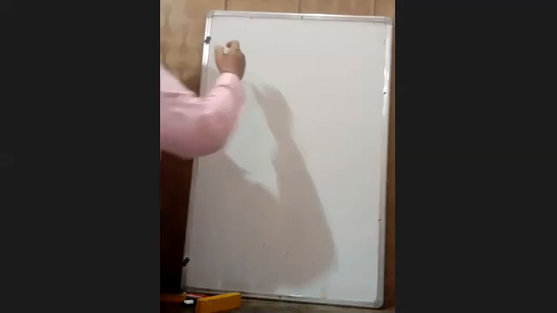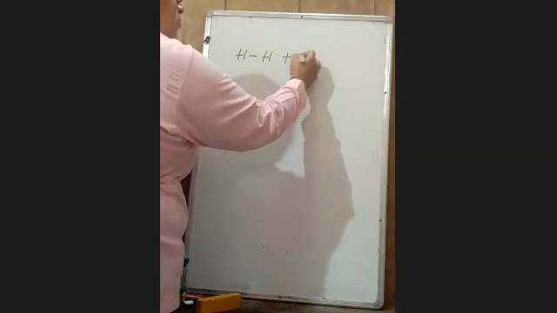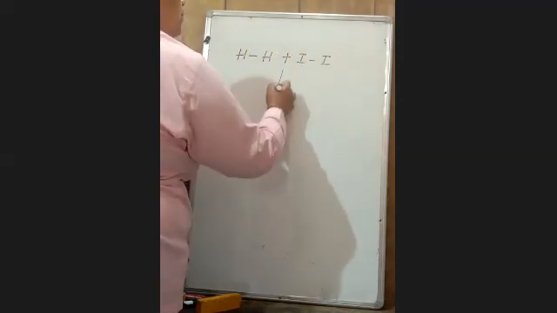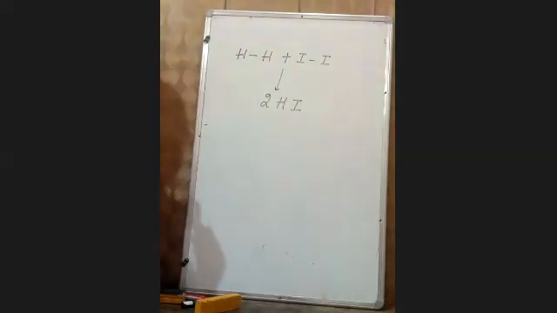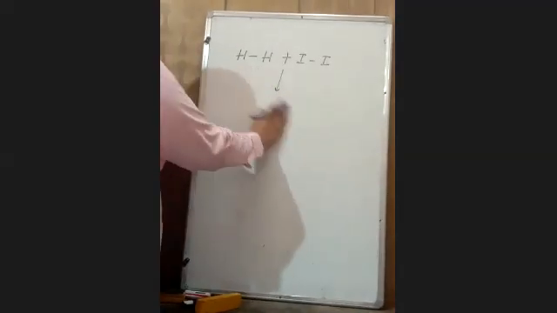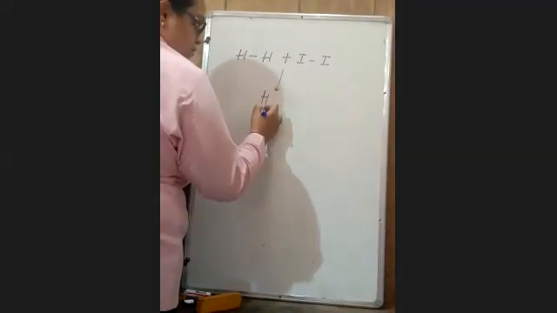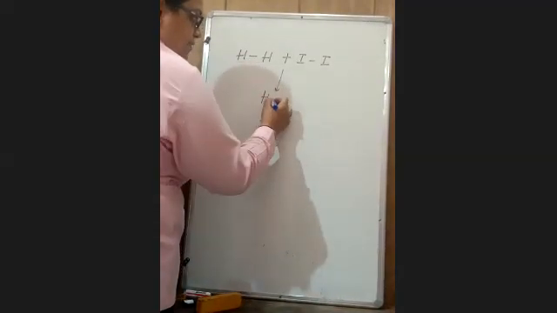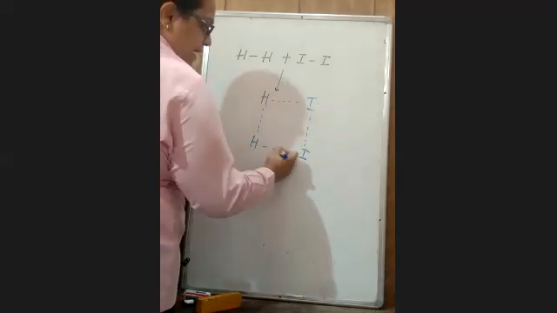Suppose H2 combines with I2 to form two molecules of hydrogen iodide. Dear students, what will happen in this reaction? Directly they do not combine to form product. First they will form the activated complex. Here some bonds are breaking and some partial bonds are making.